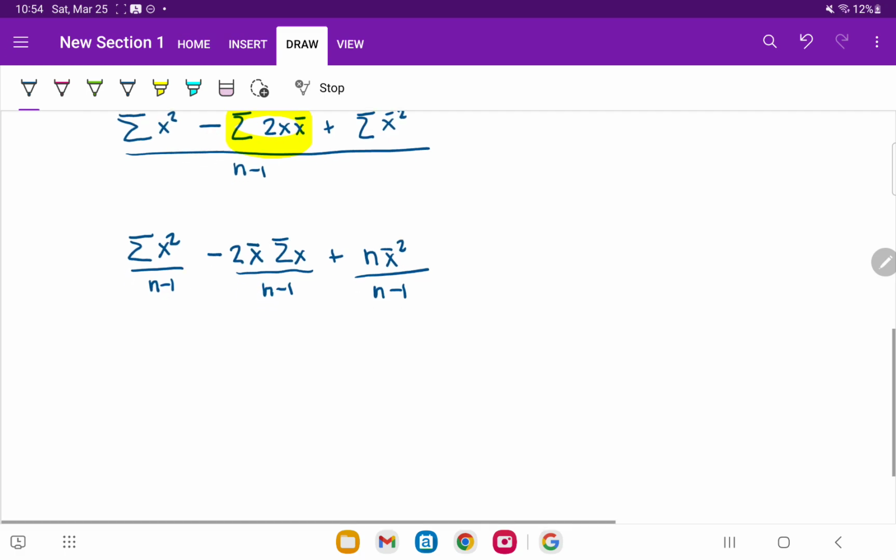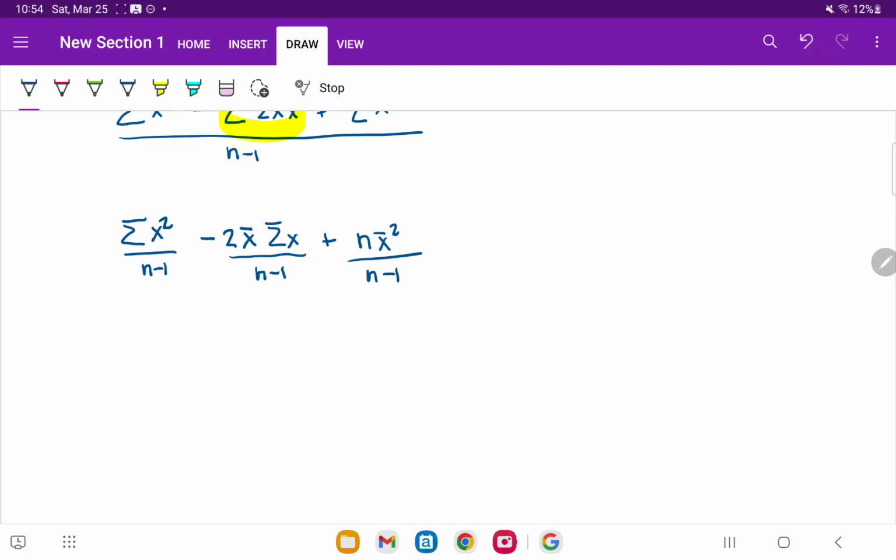So now this formula becomes a lot easier. I have to add up the squares of my data and divide by n minus 1. I have to take the sum of my data divided by n minus 1 times 2 times the mean.